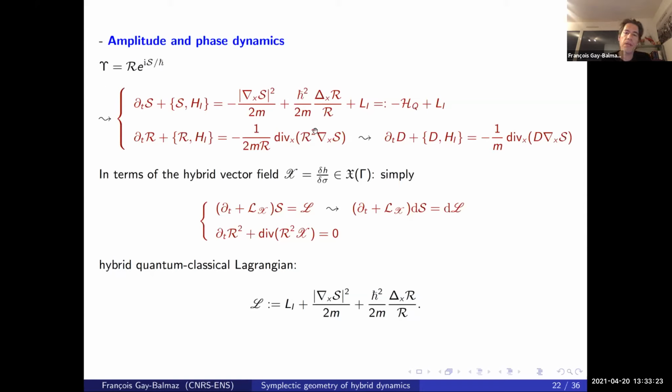So here they are mixed in this way. And from a geometric point of view, they take this very elegant form, where this is the hybrid vector field that I mentioned earlier in the previous slide associated to the hydrodynamic formulation. So that's the dynamics for the phase and the amplitude for the hybrid wave function.